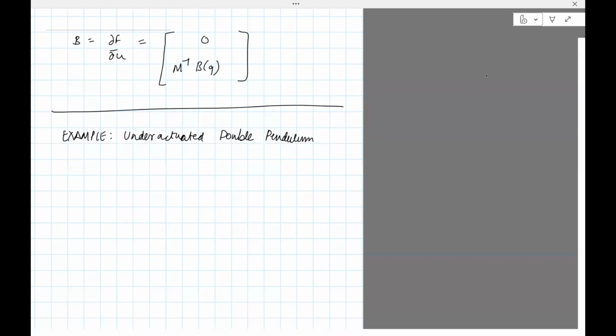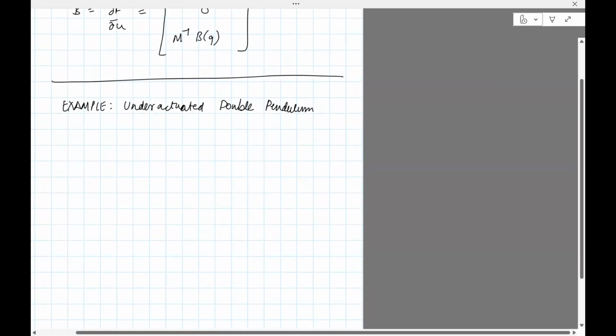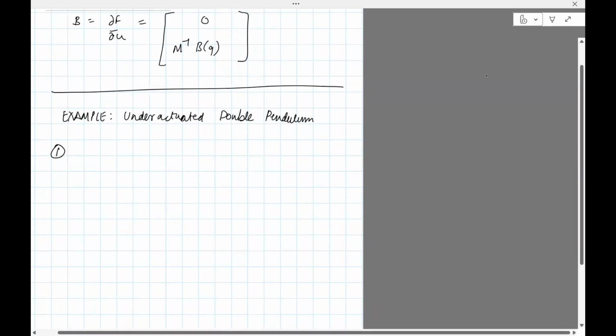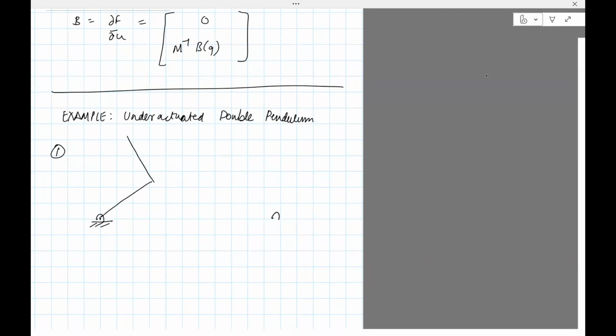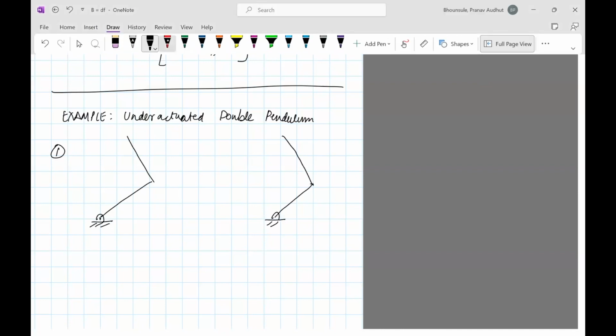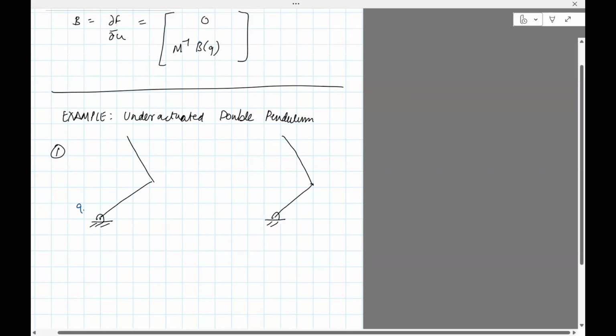Yes, let's see an example of this. Okay, what do you mean by underactuated? Let me explain that. We'll look at a double pendulum system. Let me draw it like this. The two pendulums I'll look at. Okay, so two joints, 2 degrees of freedom. Let's say these are Q1, Q2, same for this one.